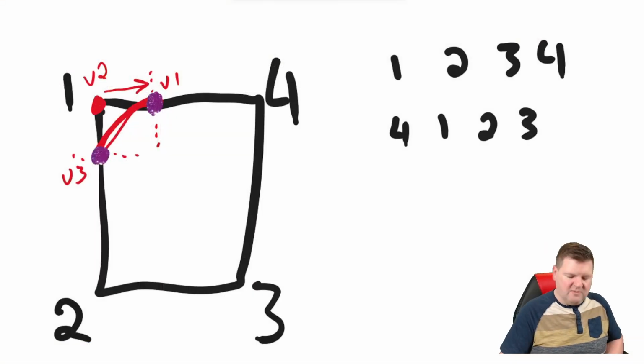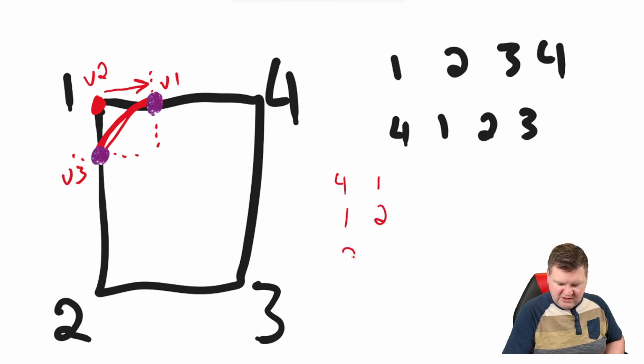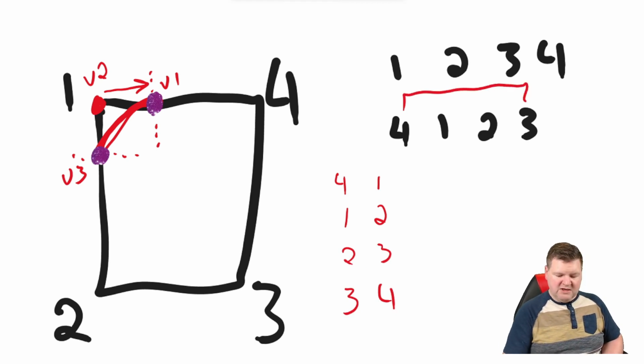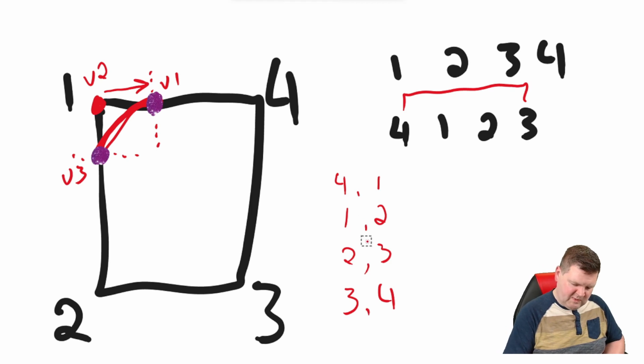Well, to go back to the whiteboard, it's going to give me a list of 4 and 1, 1 and 2, 2 and 3, and then 3 and 4. That's right, it will link that last one and the first one as well. So it will give me these pairs.